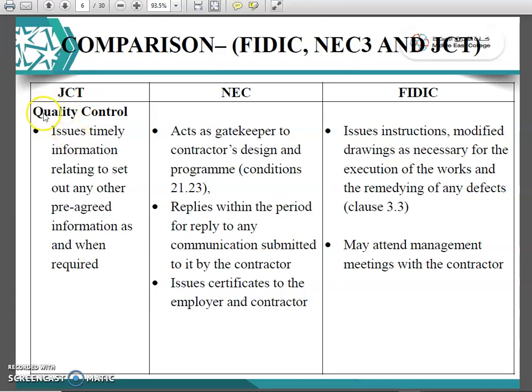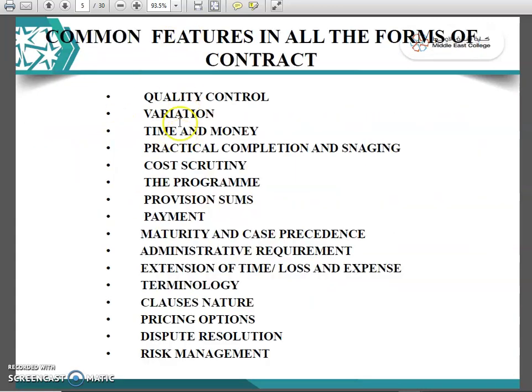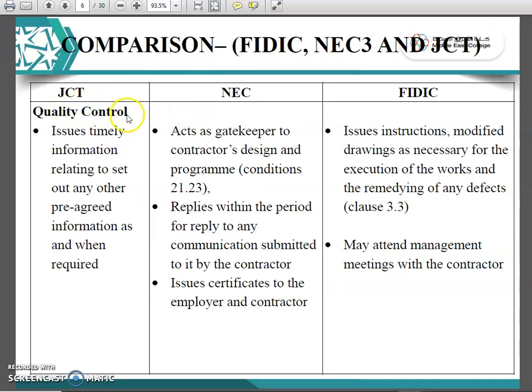For example, regarding quality control, we are following the same here: what JCT says, what is written in NEC in which clause, and what is the FIDIC point of view. For quality control, JCT issues timely information relating to setting out and any other pre-agreed information as and when required.